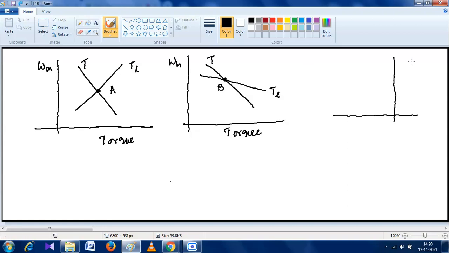In the last class, we have done this. Sir, if we apply any torque and it comes back to its original position, then it is stable.